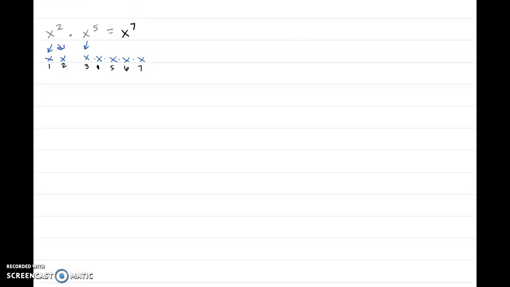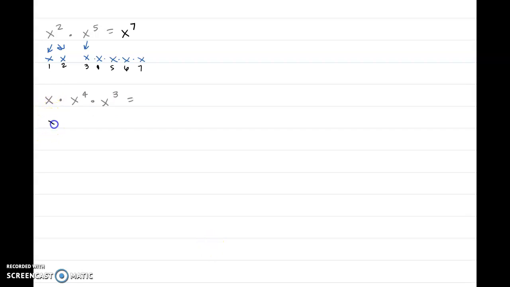Let's look at another situation. What if I had, write this one down too, just 1x multiplied by x to the 4th multiplied by x to the 3rd. How could I simplify that?